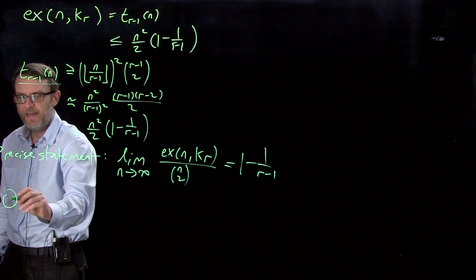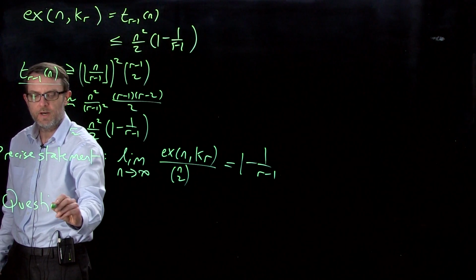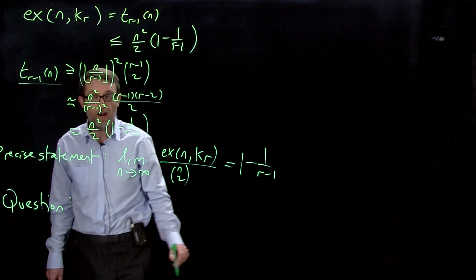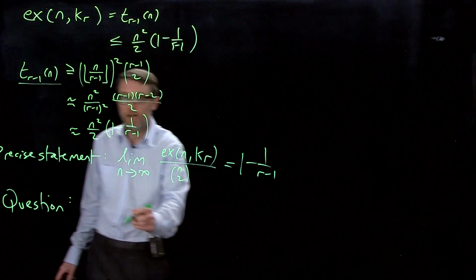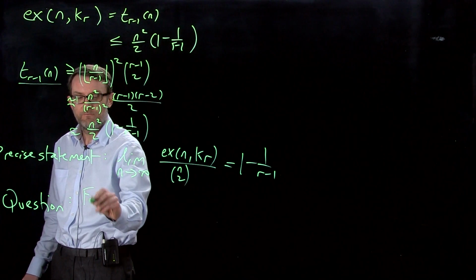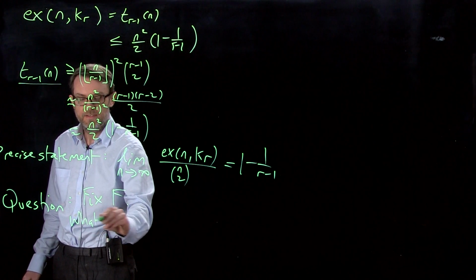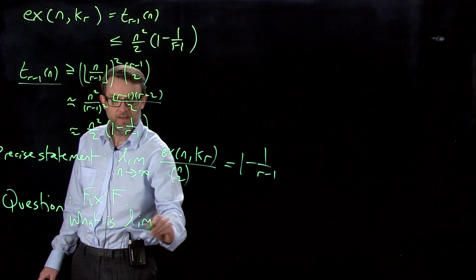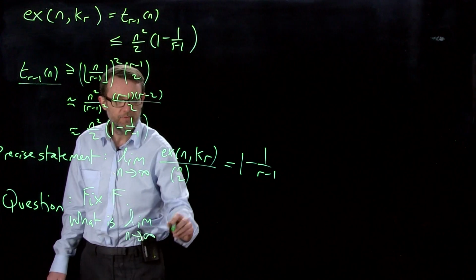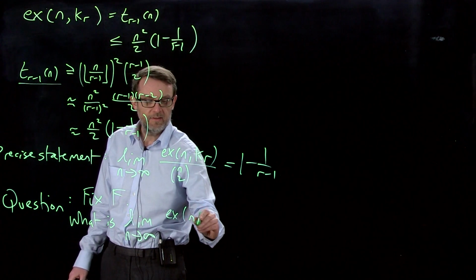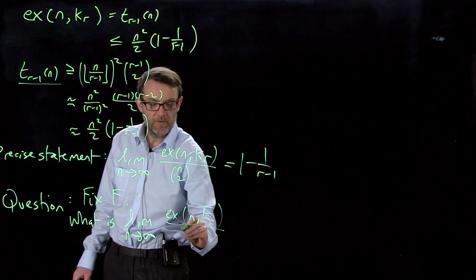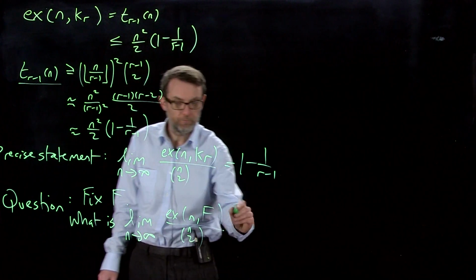So that deals with the extremal question for complete graphs. But, of course, it begs the much more general question. Fix an arbitrary graph F. What is the limit as n goes to infinity of ex(n, F) divided by n choose 2?